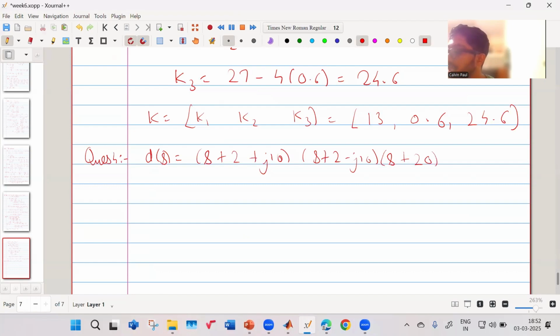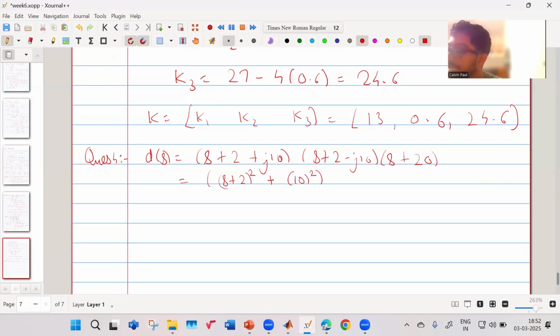So if you observe carefully, all these poles have a negative real part. That is very important based on the condition of stability. Now, this is a complex conjugate pair. So when you do multiplication, what you have to do is very simple. You just do a square plus b square.